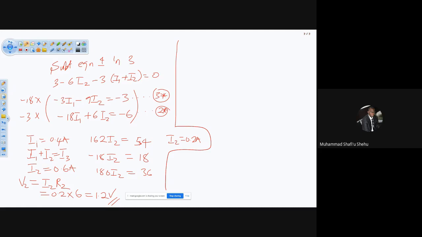But you should know that matrix form is more accurate, even though we're going to get the same thing using the two methods, because in some equations you find it difficult to use elimination and substitution. So we're going to start with matrix, and then we'll move to the simpler method.